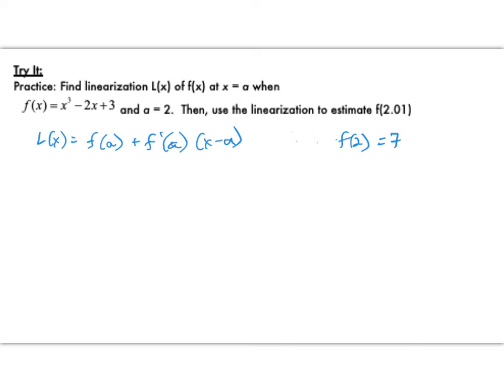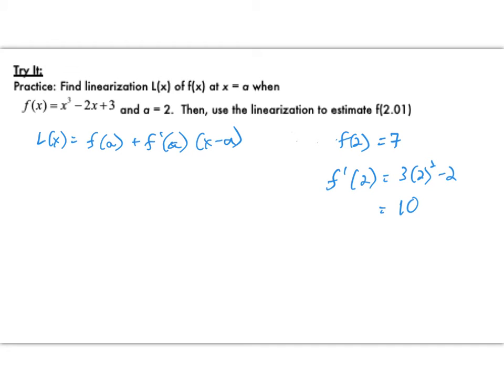So f of 2 is 7. Now I need to find f prime of 2. Well, that's going to be 3 times 2 squared minus 2, which is going to be 10.